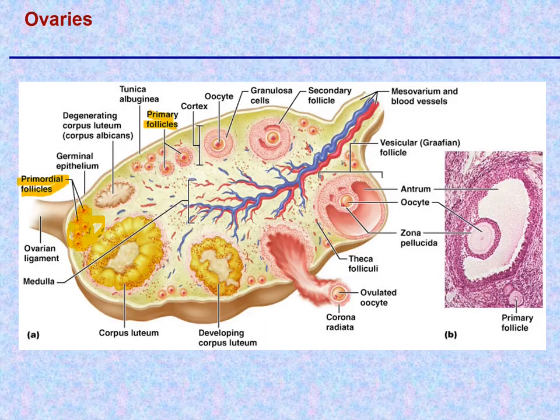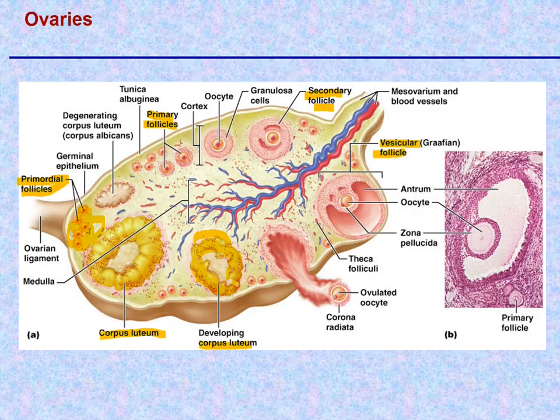It becomes a primary follicle, then a secondary follicle, then a vesicular follicle, then the follicle ruptures here, and the egg, the oocyte, is expelled, and the rest of the cells that form the wall become the corpus luteum.